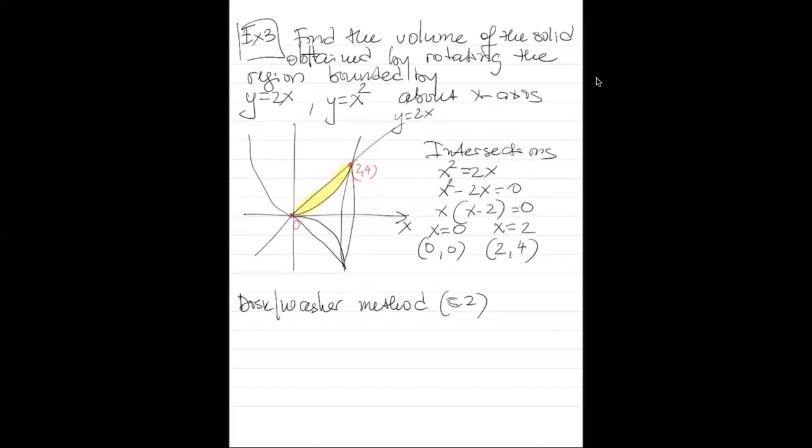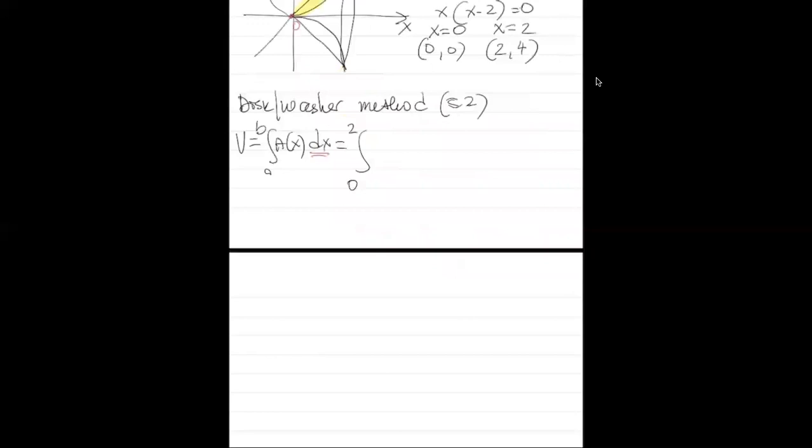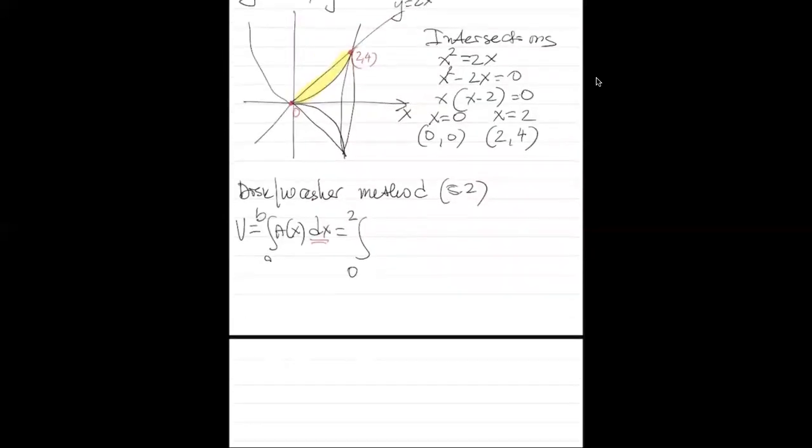the shape anywhere, and we see the cross section is a washer or a ring, and our formula is the integral from a to b of the cross section area, dx, and now everything has to be in terms of x. How is x changing here? X is from 0 to 2. Looking at the region, what is our outer radius?